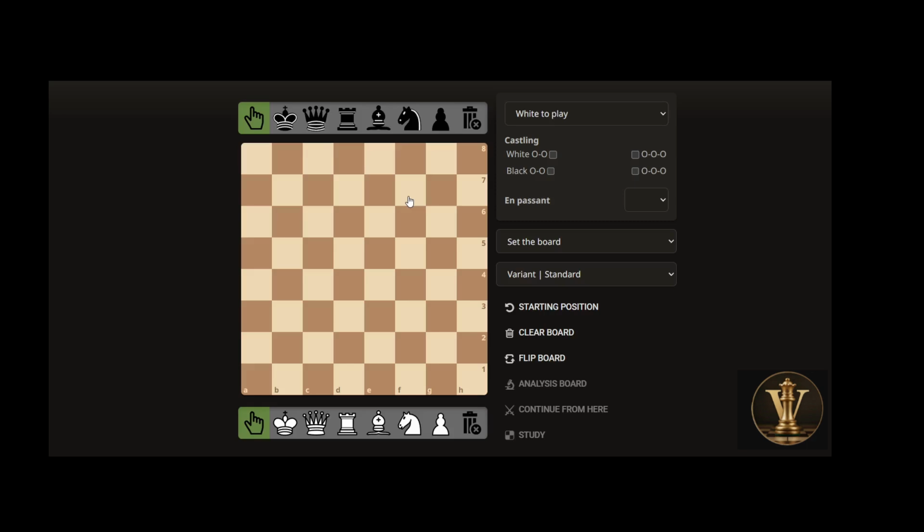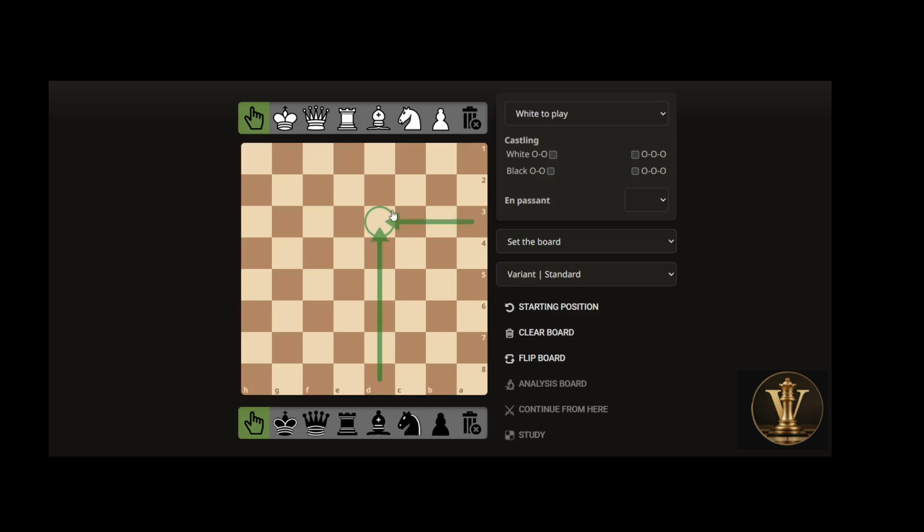Now, the notation gets a little bit shifted when you are dealing with black pieces. If you have black pieces, let me flip the board first. Now you have black pieces, and if you want to name this square, it is on the D file and third rank.